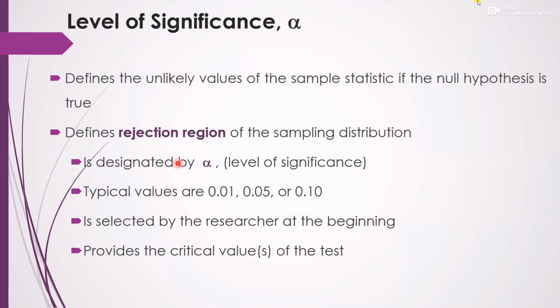This rejection region is denoted by alpha, which is called the level of significance.